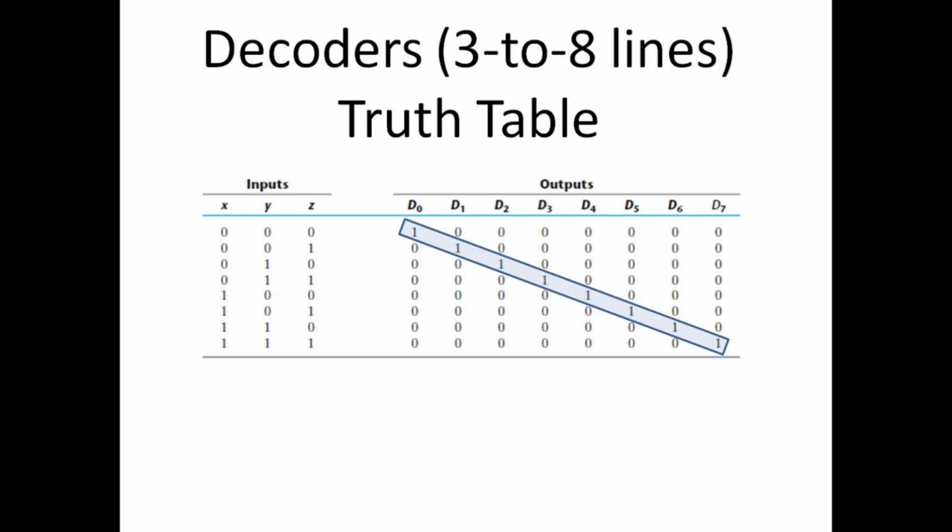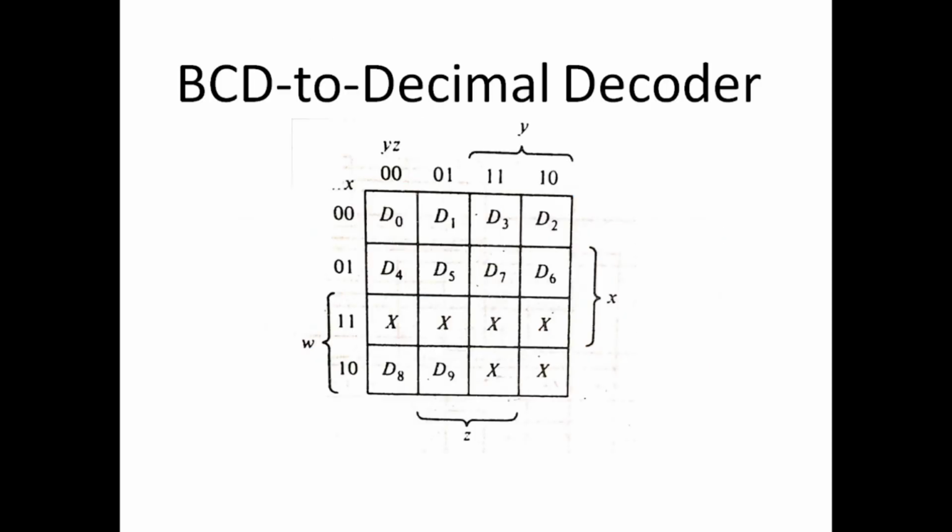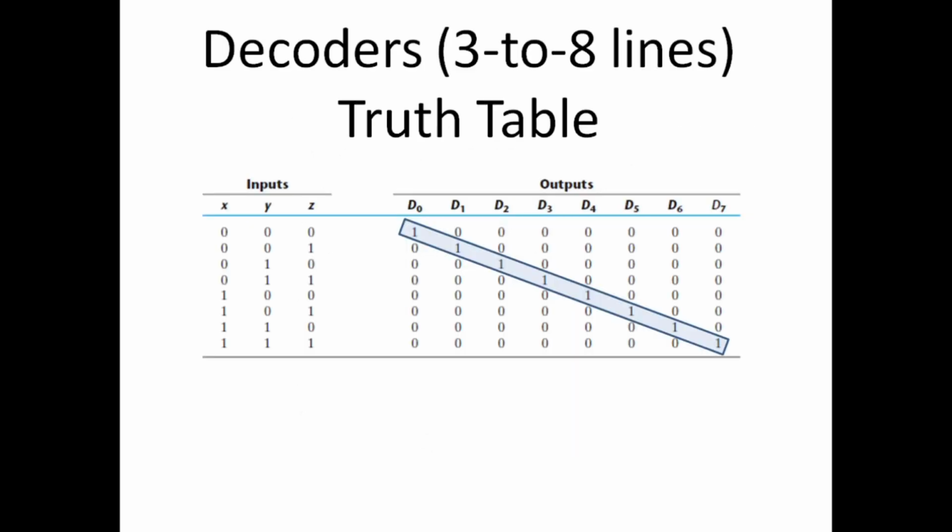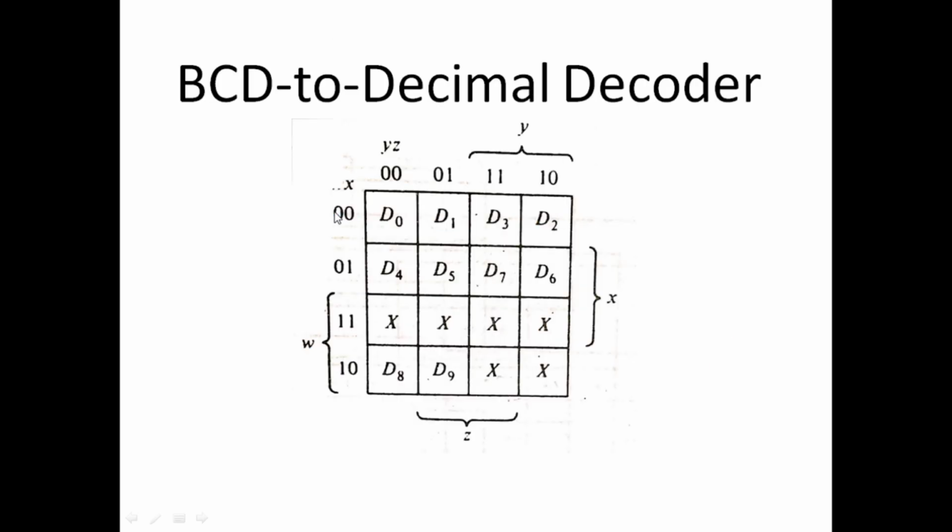The difference would be that we would have 4 inputs. In the 3 to 8 line decoder, we had 3 inputs, but in the BCD to decimal decoder, we would have 4 inputs, and those inputs would be W, X, Y, and Z. Similarly, as this is a BCD to decimal decoder, and we already know that in decimal there are 10 digits, there would be an output for each digit, so there would be 10 outputs.